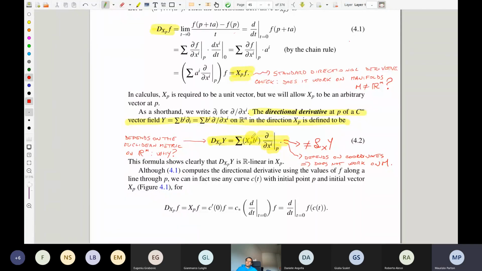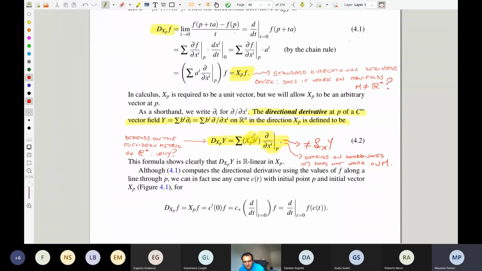It's a special thing of Rn. So just remember this. And of course, this kind of directional derivative is very special because it's the directional derivative in Rn with the standard metric, the very good old friend Euclidean metric.